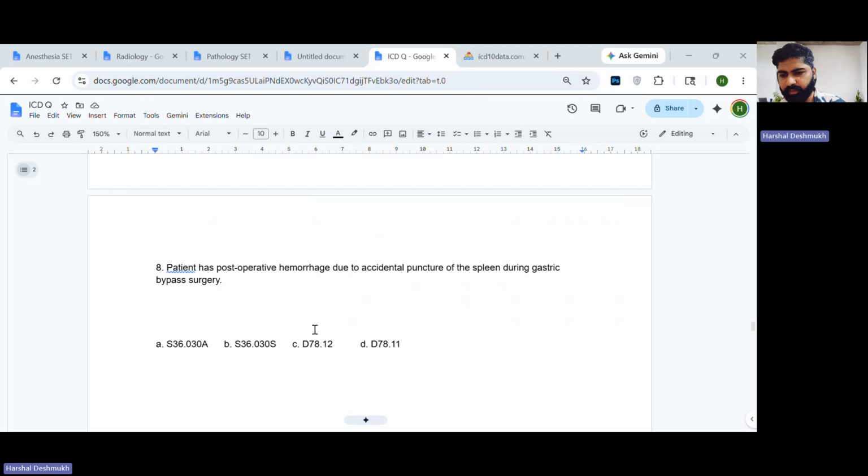A patient has post-operative hemorrhage due to accidental puncture of the spleen during gastric bypass surgery.